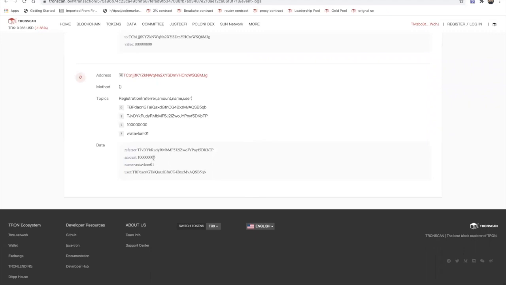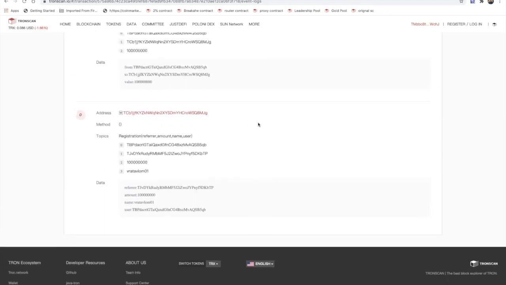So if you come here and go 1, 2, 3, 4, 5, 6, you see that this is a $100 USD transaction, right? Here's the username. Here's the user wallet. Here's the sponsor. Okay, so we can see that the referral went here, right? It's going to go every time. It cannot fail.